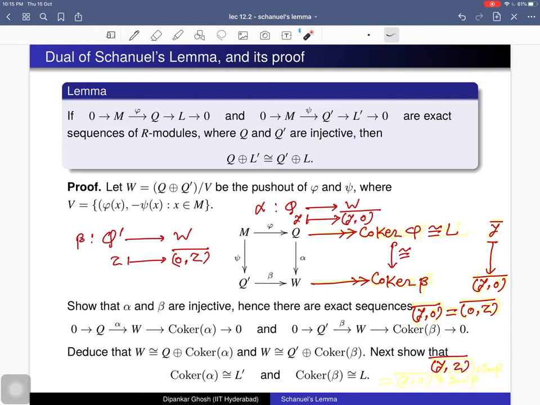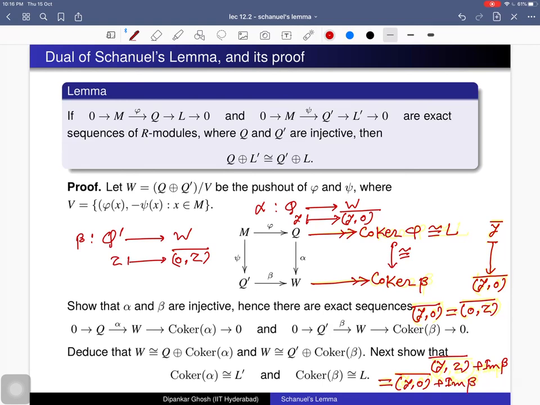Since we are considering y comma z bar, which is an element in co-kernel of beta, I claim that this is the same as y comma 0 bar plus image of beta.